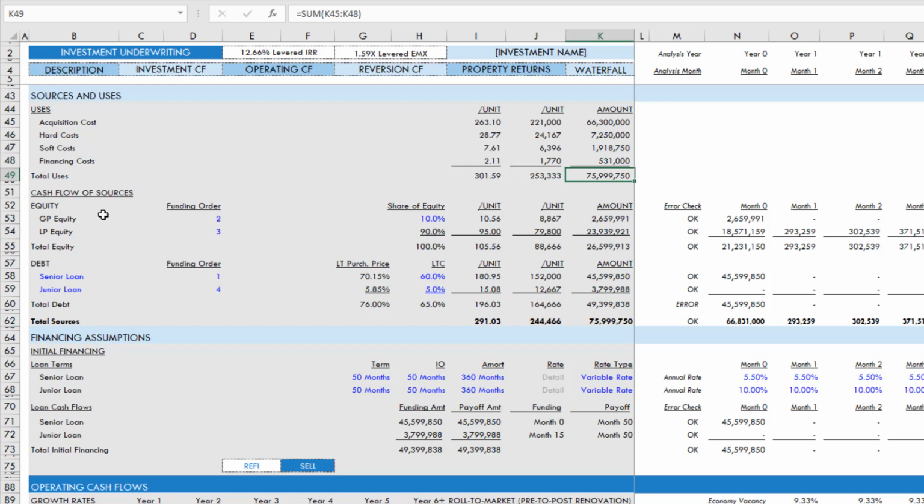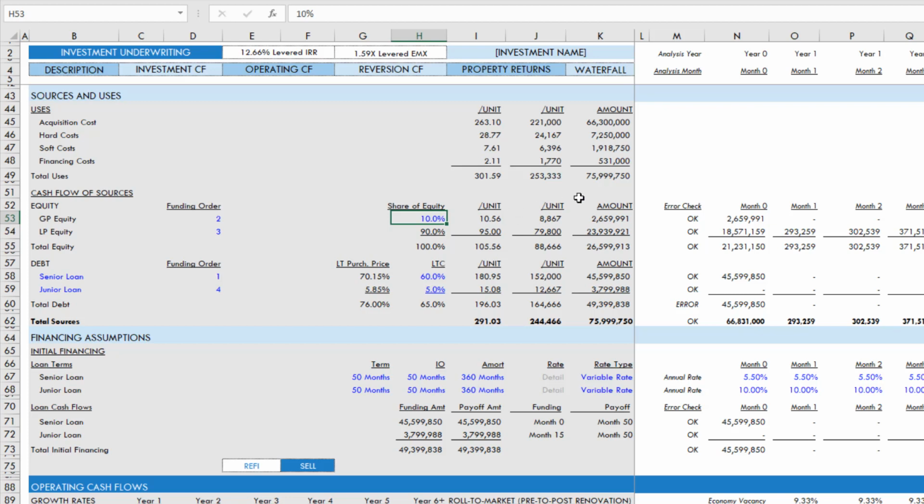So starting with equity, a couple things we're going to note. First, the name of the equity, GP equity and LP equity, is set for you. We then have funding order, and we're going to play around with that to fund the capital sources as we expect them to fund in the real world. We have share of equity, and this is the percentage of the required equity that each partner, whether GP or LP, contributes to the venture.